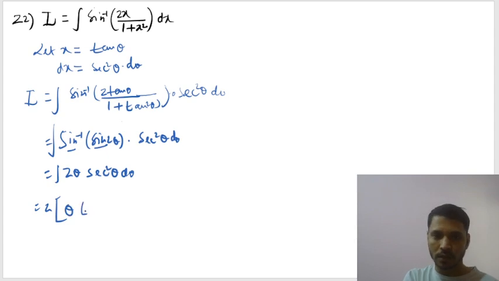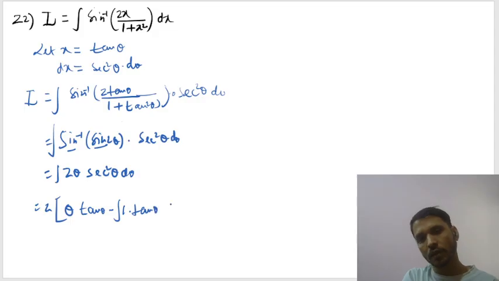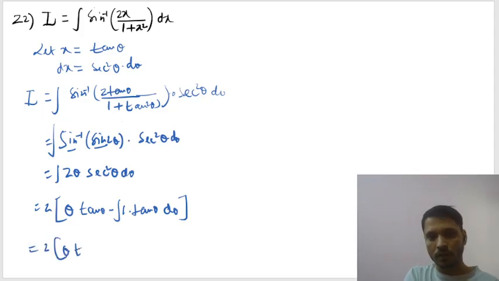Integration of secant square theta is tan theta, minus the derivative of theta which is 1, into tan theta d theta. So we can write 2 into theta tan theta, and the integration of tan theta is log, and minus makes it plus, log of cos theta plus c.